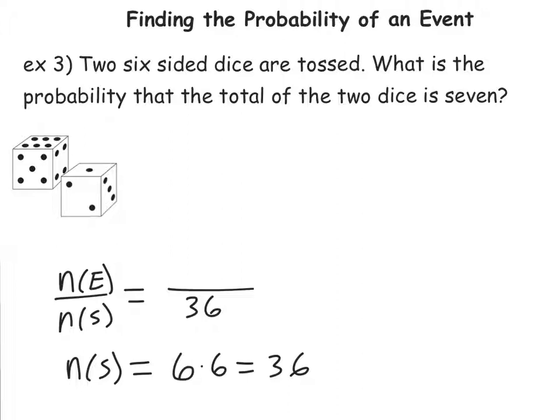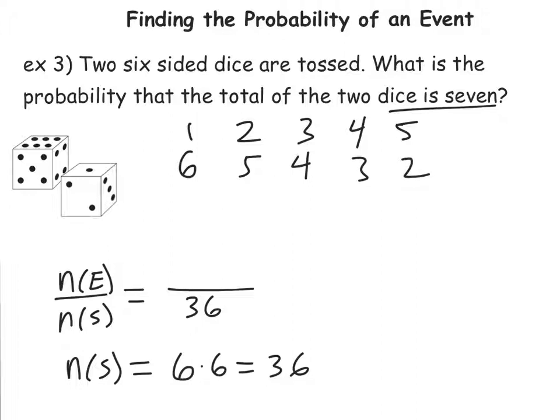We want the sum of the 2 dice to be 7. So now what we need to look at is how many ways can that happen. It's not all 36. If I got a 1 on my first die and a 6 on the second, that would work. 2 and a 5, 3 and a 4, 4 and 3, 5 and 2, 6 and 1.